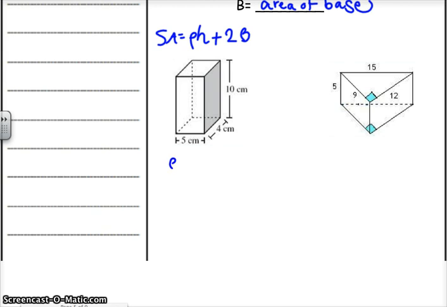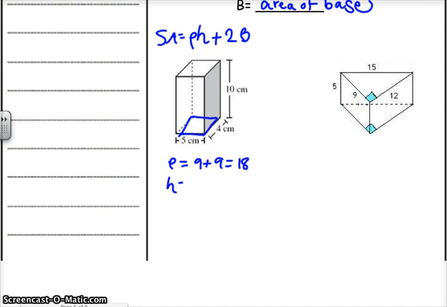I need P, perimeter of my base, 5, 4, 5, 4. So I could say 5 plus 4 is 9, plus another 9 would be 18. So I'll say 9 plus 9 equals 18. Some of you might want to say 5 plus 5 plus 4 plus 4, 5 plus 4 plus 5 plus 4. However you want to figure out the perimeter of the base is your call.